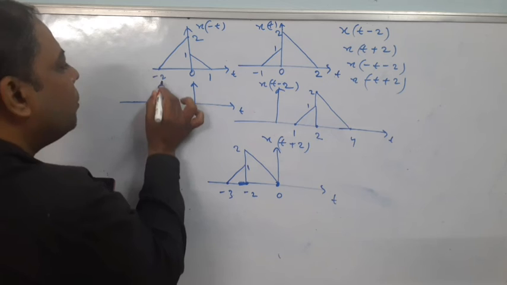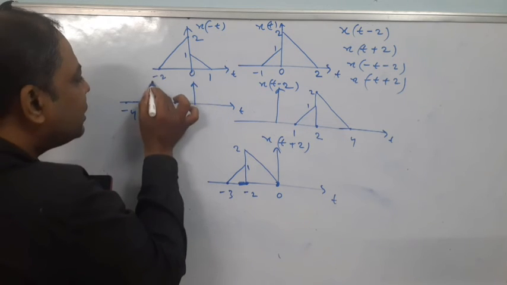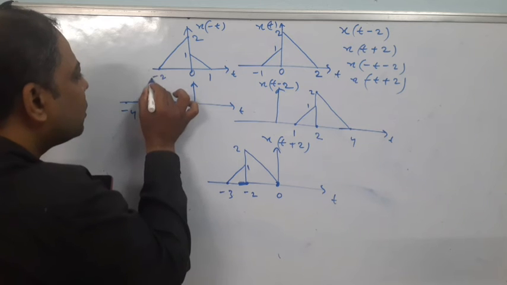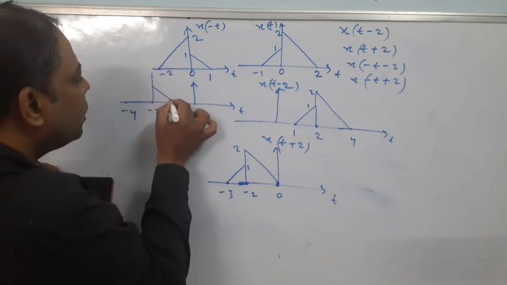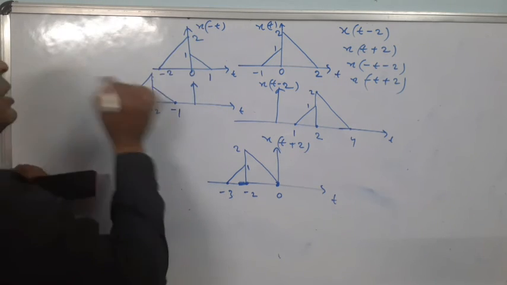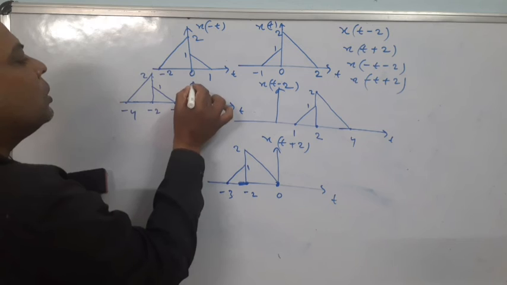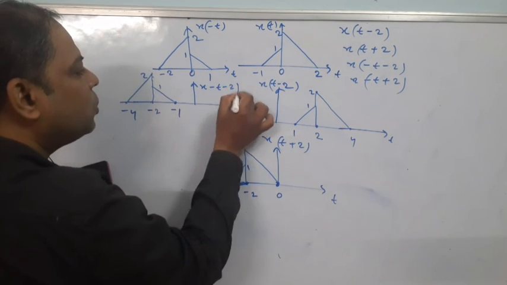Minus 2 minus 2 is minus 4. That means where 0 was there, this point was -2. Now here you will find the signal and here also. Only this figure we are shifting. This is 1, this is actually 2. This is the axis. This is x of minus t minus 2.